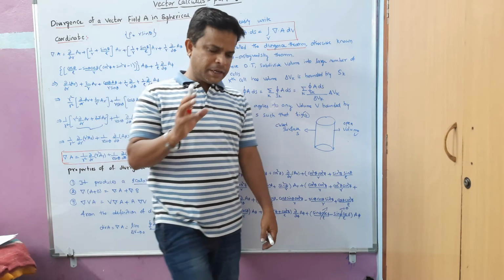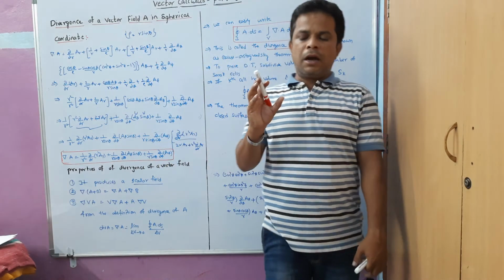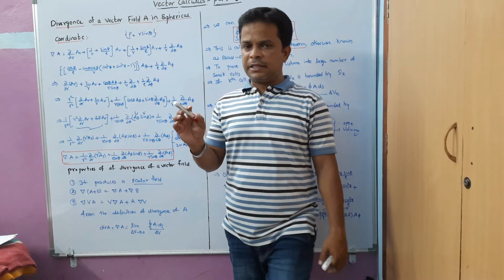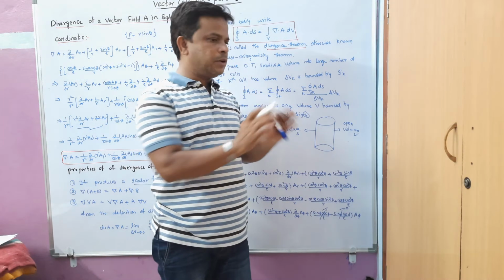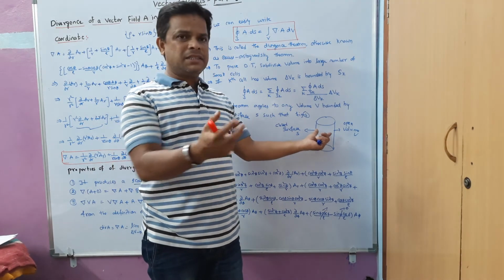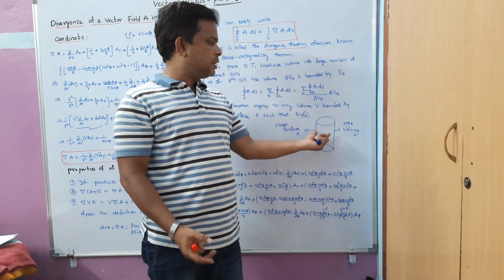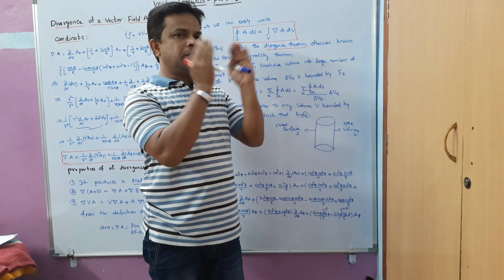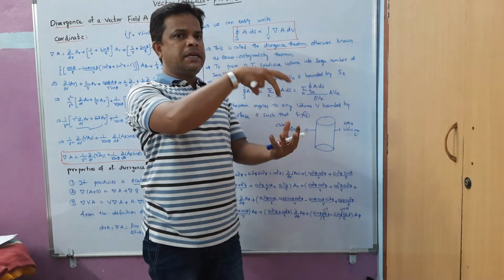Suppose I take a ball or a cylinder. We have taken an example here: a bottle, or a gas cylinder which we see in our day to day life. It is a closed surface and it is an open volume.